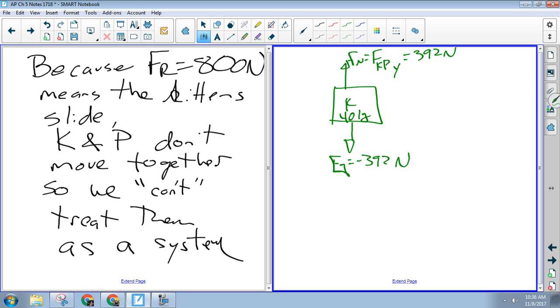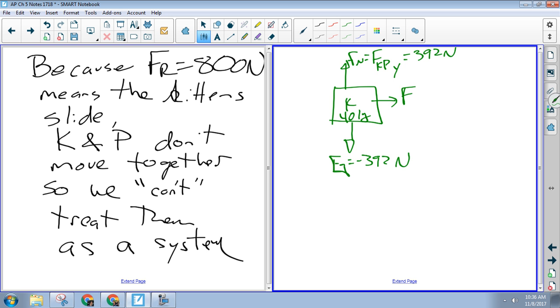Now, are there any other forces on the kittens? Yeah, kinetic friction, right? The idea is the kittens want to stay at rest relative to the peanuts, but there's a little bit of friction. The molecules from the peanuts moving underneath are going to grip the kittens and push them forward, just not fast enough.